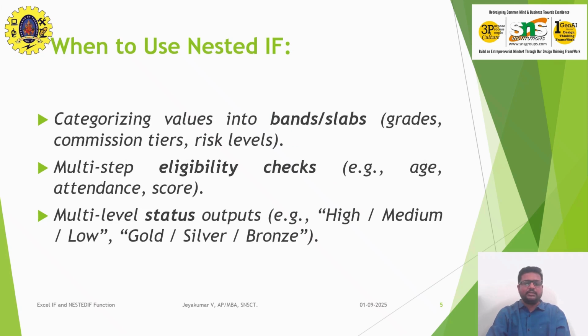Let us see when we are going to use nested IF statements. It is usually used in categorizing values into bands or slabs such as grades, commission tiers, risk levels, etc. It is also used in multi-step eligibility checks such as age, attendance, score, etc. And also in multi-level status outputs such as high, medium, or low, or even gold, silver, bronze, etc. These are the conditions where nested IF statements are being used.